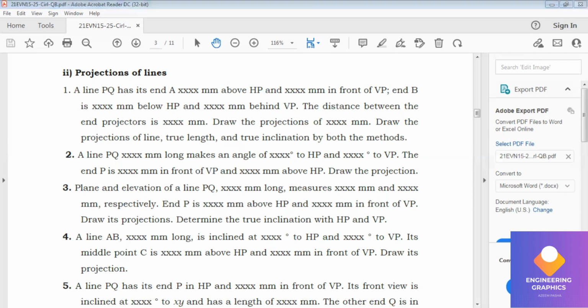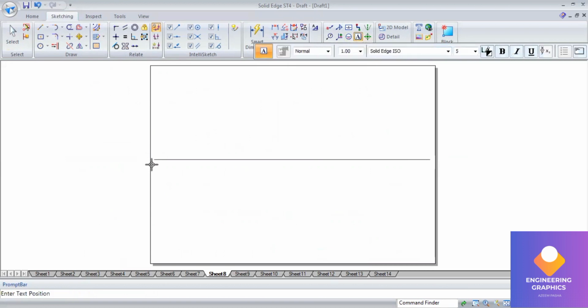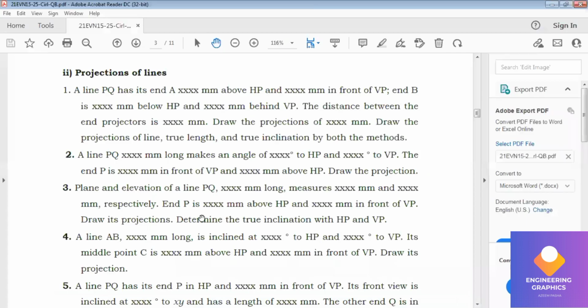Okay, first we will construct an XY line with thickness 0.25 mm and mention XY, VP, HP. So in this problem we should consider both true length and upper end length.